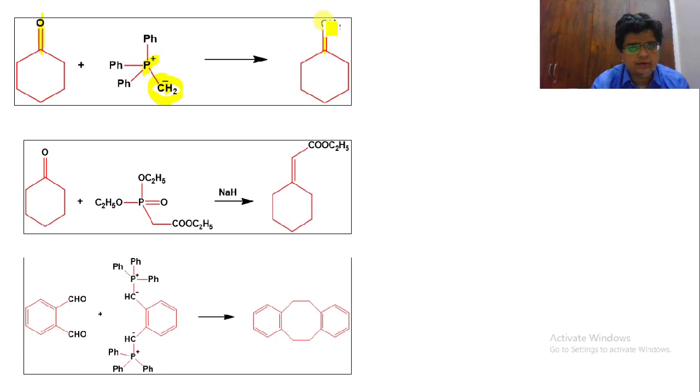So here we are producing an olefin. So in the next reaction, here we are having PCH2COOC2H5. So now this CH2COOC2H5 will attach over here. So that is C double bond CH, and here we are having COOC2H5. So this is our Wittig reaction.